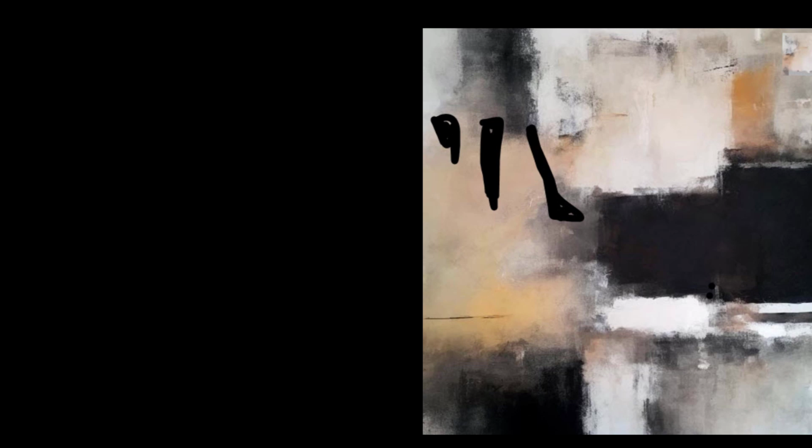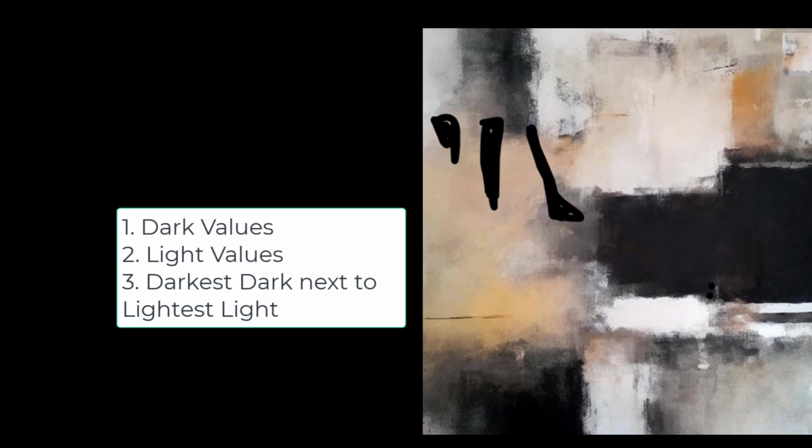So I want to pop in this painting without all the additional writing on there, and you still have a much more dynamic painting because of the values. You've got darker shapes, lighter shapes, colors on one side of the value scale and the other side of the value scale, not all in the middle.